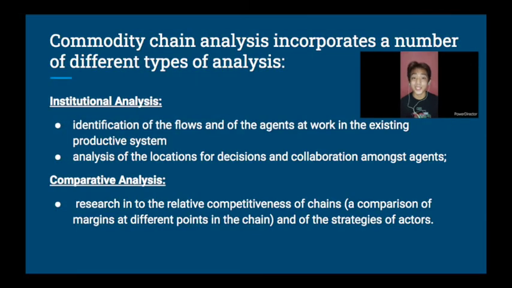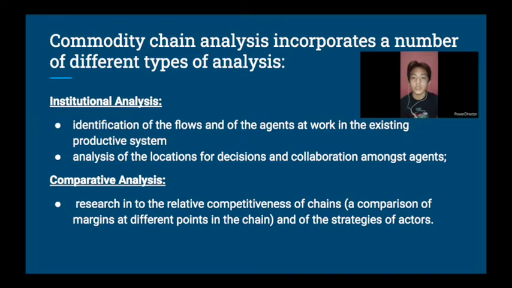So, commodity chain analysis incorporates a number of different types of analysis. First of these is the institutional analysis: identification of the flows of the agents at work in the existing productive system, which gives importance to institutions in determining the behavior of outcomes, given that institutions represent an independent change.